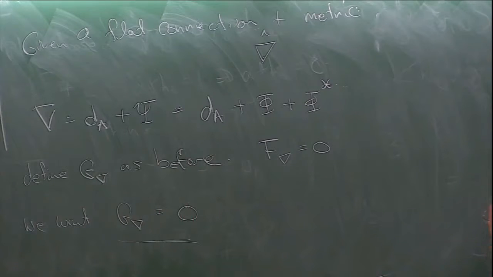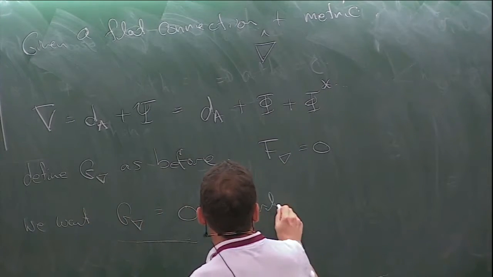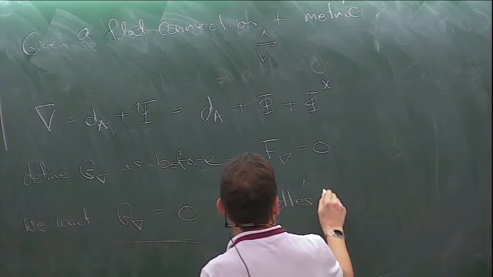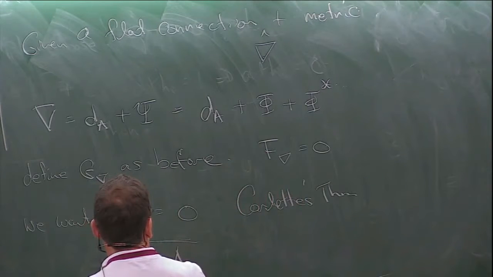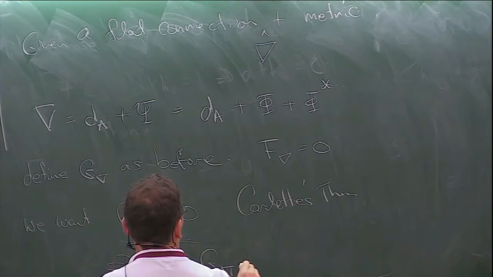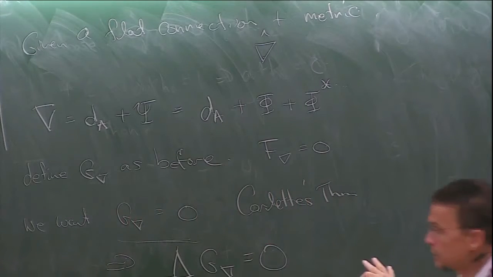Now, Corlet's theorem, that we just proved, implies that lambda G is 0. Let me just explain that for a second.